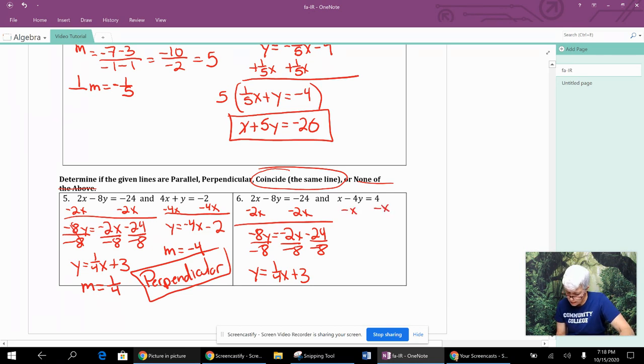Minus x minus x. -4y equals -x plus 4. Let's get rid of the -4. We have y equals a positive 1/4 x minus 1. Okay, same slope, different y-intercept. These are parallel.